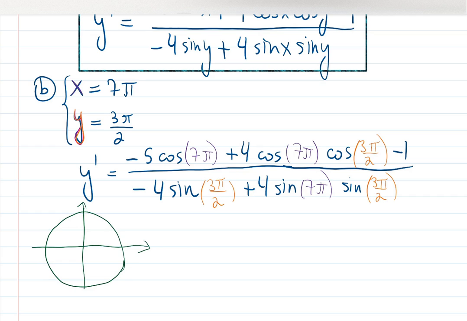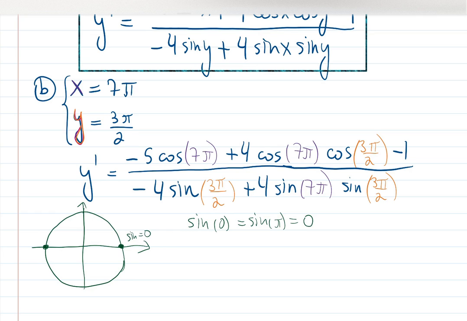Sine at 0 and sine at pi are what? 0, exactly. Because sine represents height, and at 0 and pi, the height is 0. Then sine of 7 pi will be 0 too.